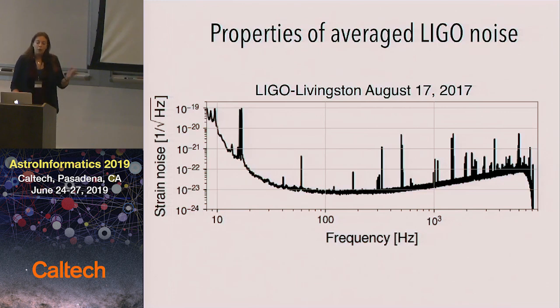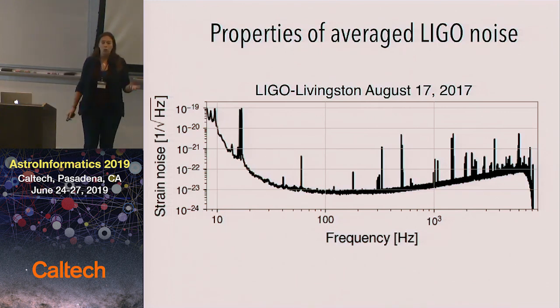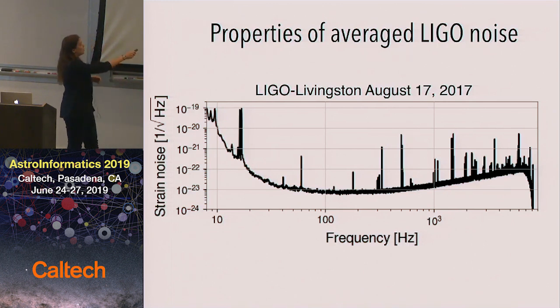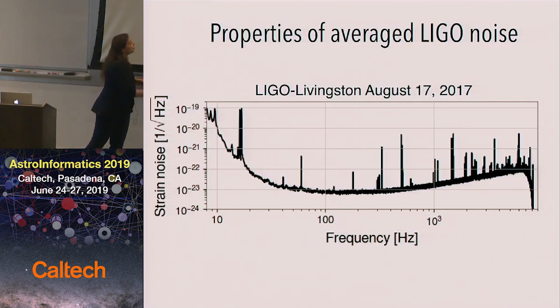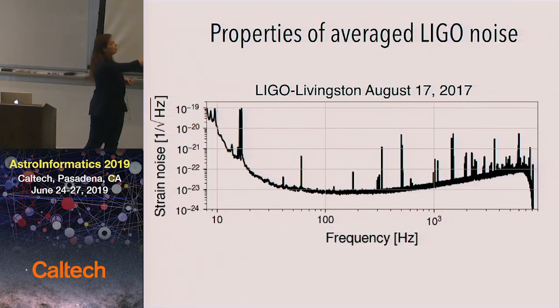So if I take the Fourier transform of this, I'll walk you through some properties of our average noise in frequency space. This is amplitude of the strain noise on Y versus frequency. You can see this classical structure of gravitational wave detectors where the noise comes sweeping in from low frequencies, where we have our best sensitivity at about 100 hertz, and then increases again as a function of frequency.